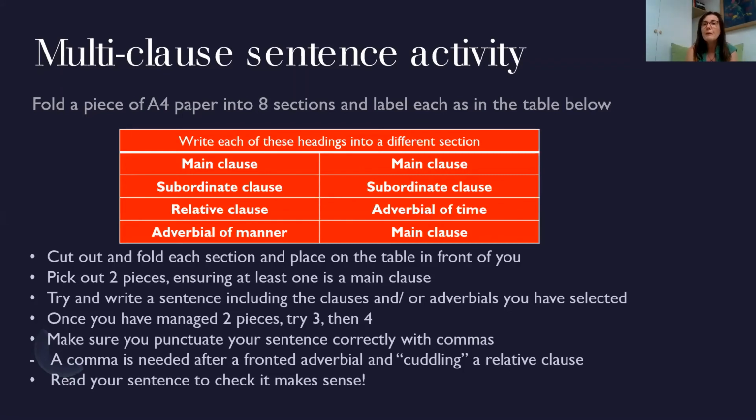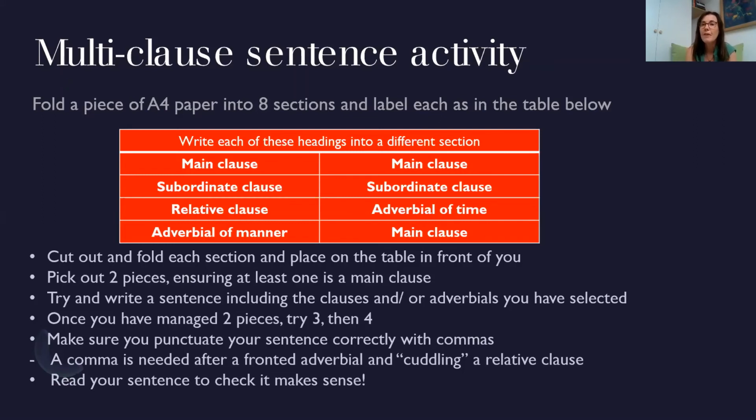Remember, it might be two main clauses together, in which case you have to use your coordinating conjunctions to join them. It might be a subordinate clause and a main clause, in which case you have to use your subordinating conjunctions.